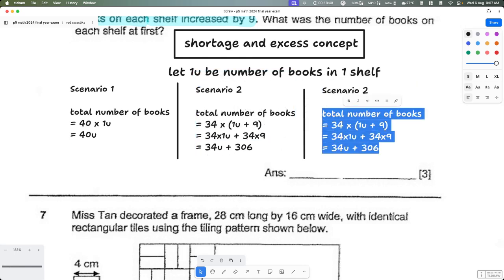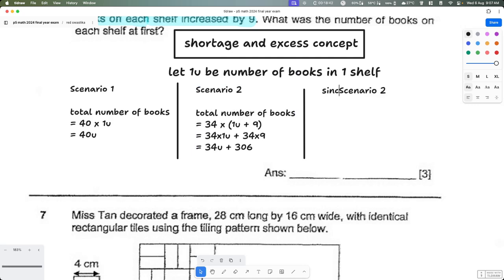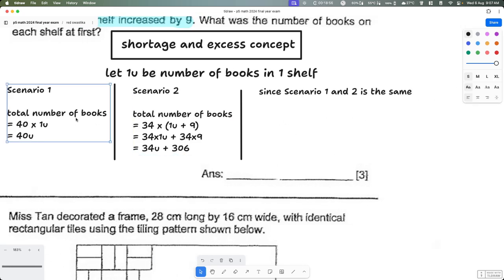Since scenario 1 and 2 are the same, that means this will become 40u, make it small, is equal to 34u plus 306. So we minus 34u from 40u, equal to 306.